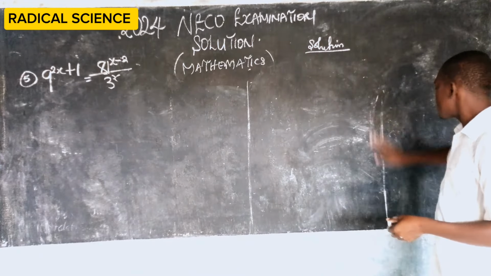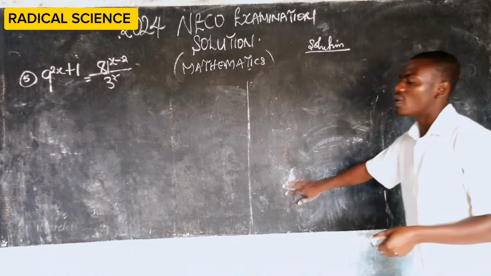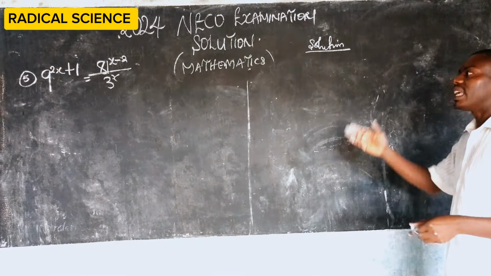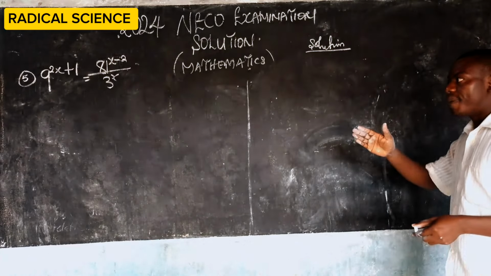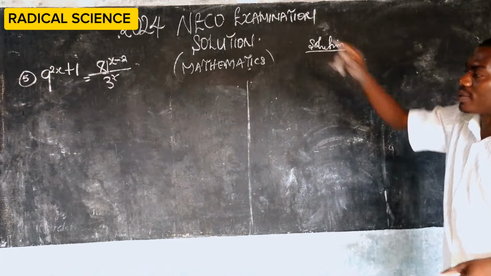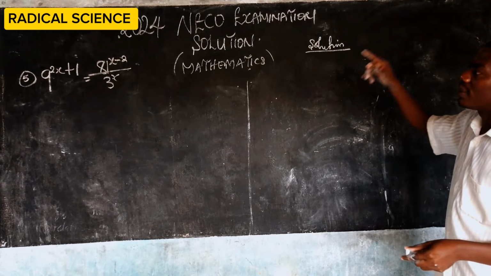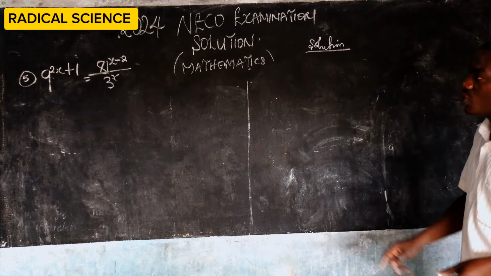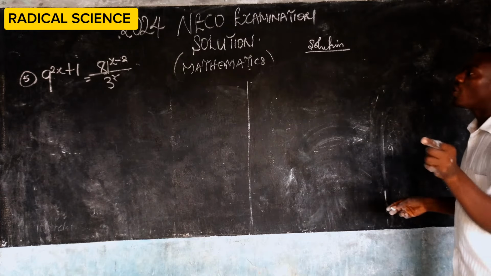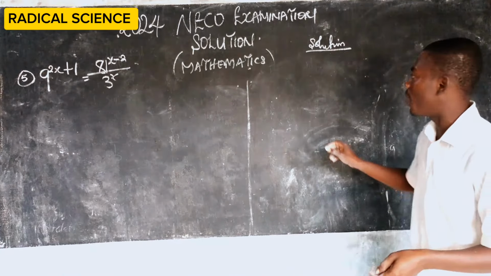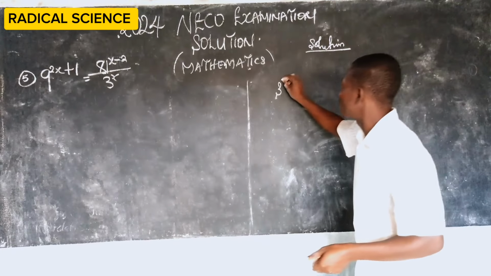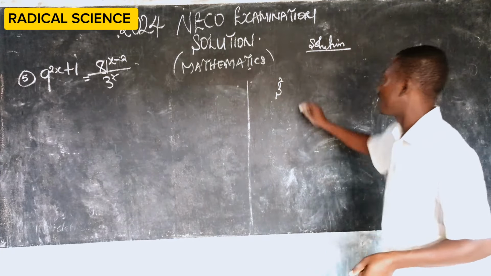The first tip you need when solving an exponential equation is to check whether they can be raised to the same base. We have 9 raised to power 2x plus 1, 81 raised to power x minus 2, and 3x. If you check, all of them can be raised to the same base. I will have 3 raised to power 2 is equal to 9.